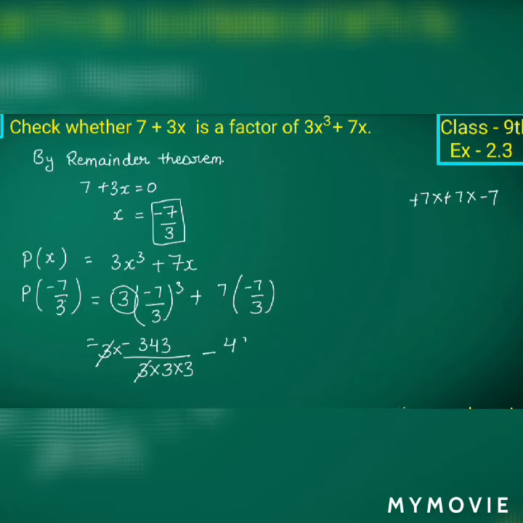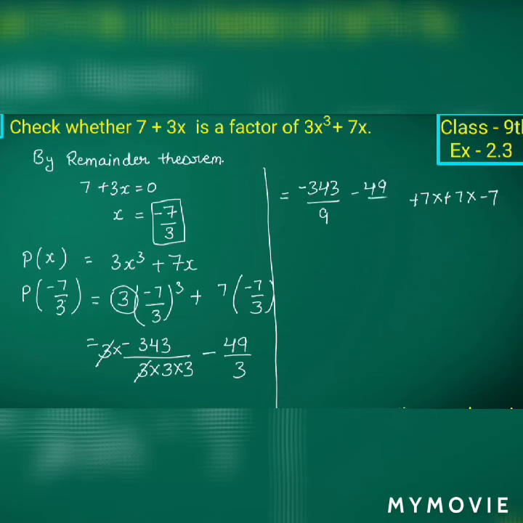49 by 3. So obviously, by looking at it, we can take 9 as the LCM, isn't it? Minus 343 by 9 minus 49 by 3. The LCM of 9 and 3 is 9.